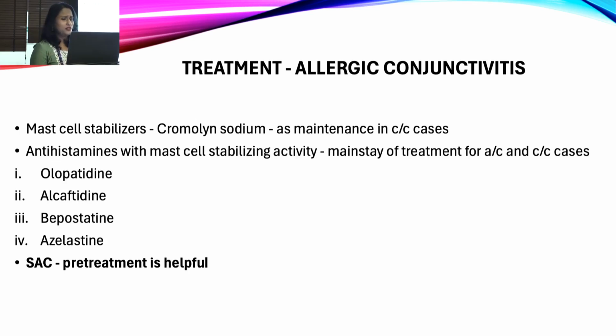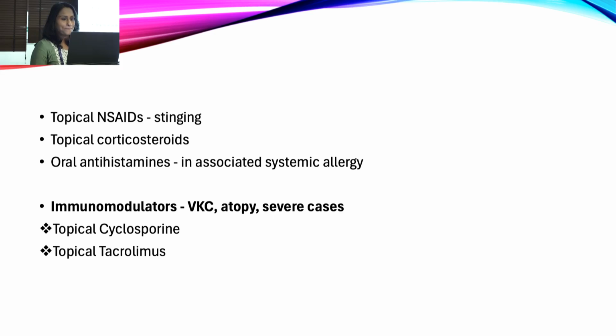The drugs that we give are usually mast cell stabilizers like cromolyn sodium, and antihistamines like olopatadine, alcaftadine, bepotastine. In seasonal allergic conjunctivitis, when we know that the season of allergy is coming, we can give them pre-treatment with these anti-allergies. Then in severe cases of VKC and atopy, we need to give them immunomodulators like topical cyclosporine and topical tacrolimus ointment.